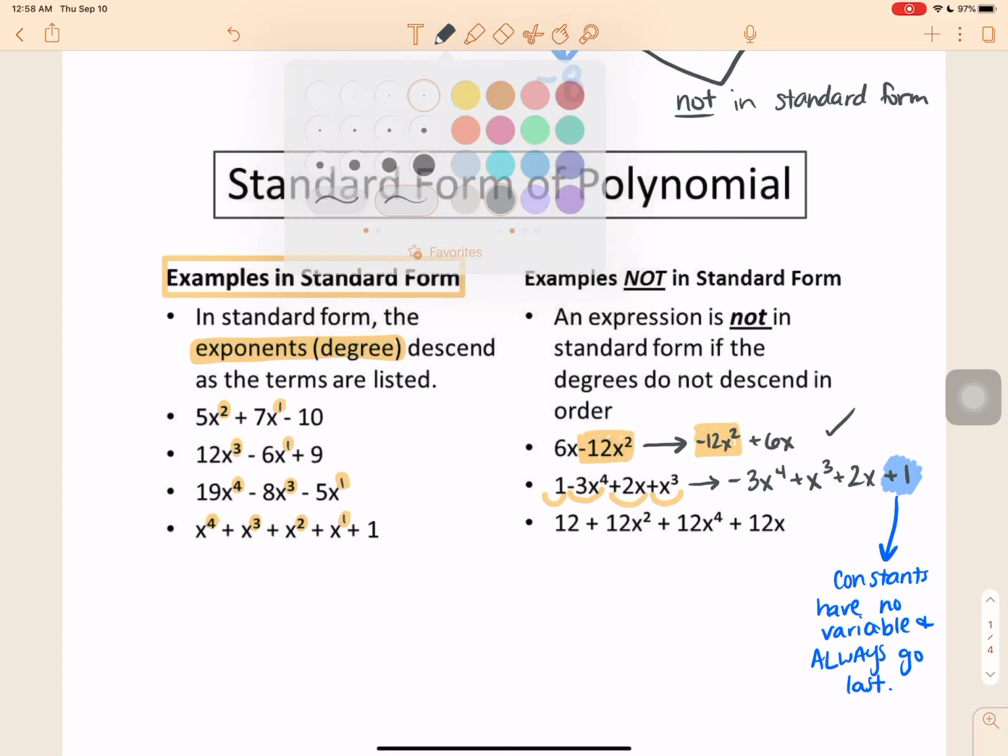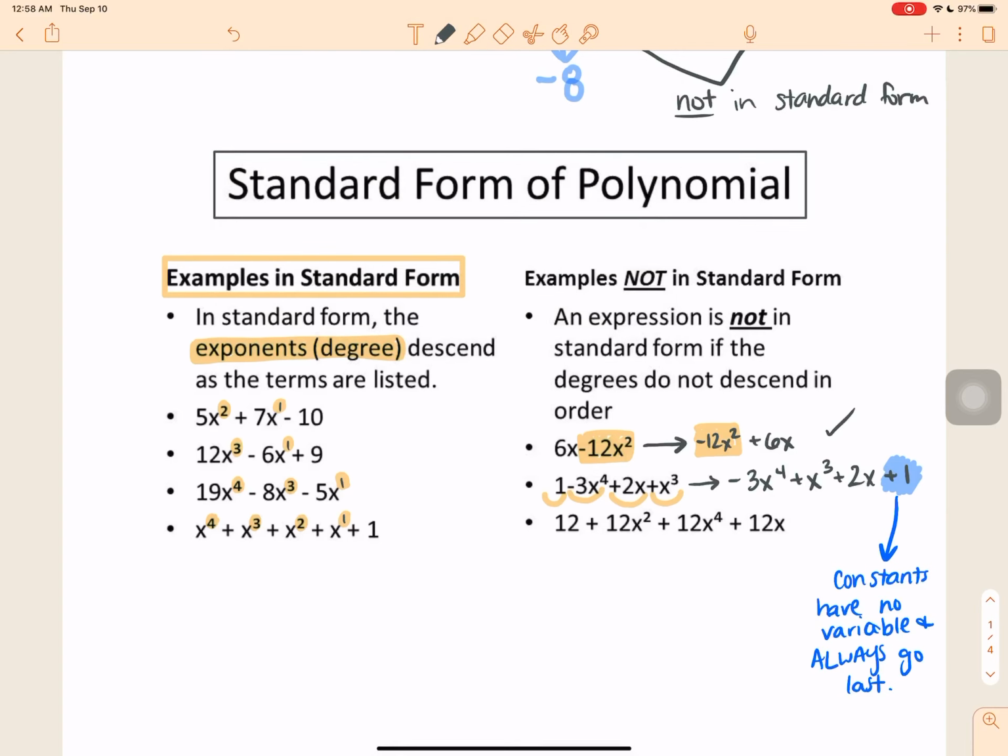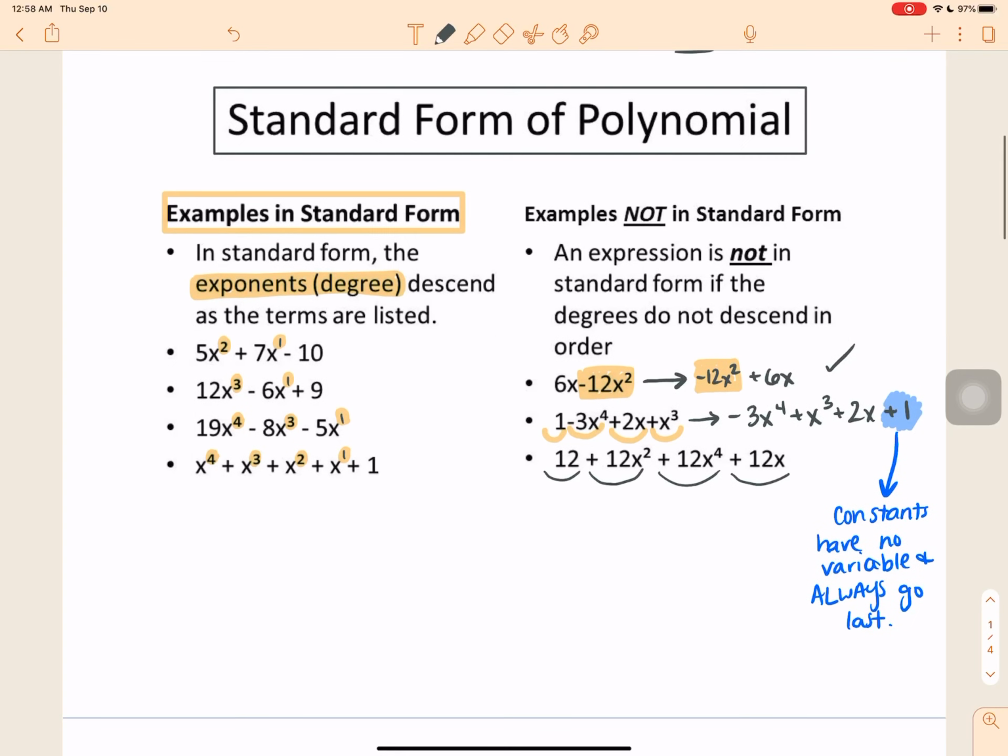So we have this other one as well here. This one we have positive 12, positive 12x squared, positive 12x to the 4th, and positive 12x. Now all these numbers are 12s just to show you that the coefficient, which is the number in front of the variable, does not matter. What matters is looking at those exponents.